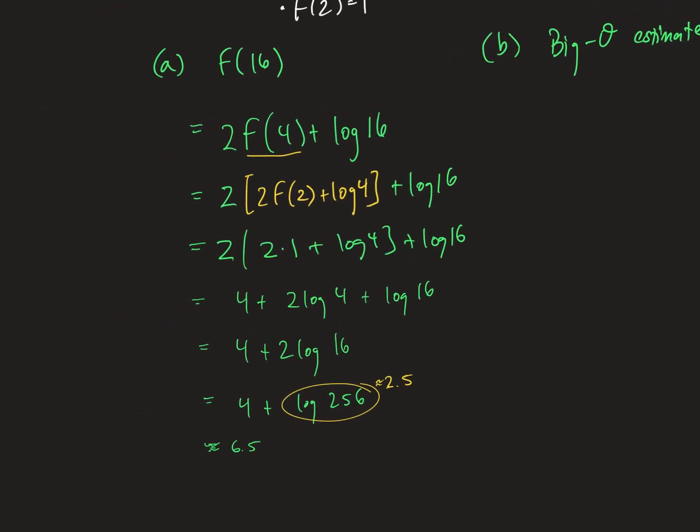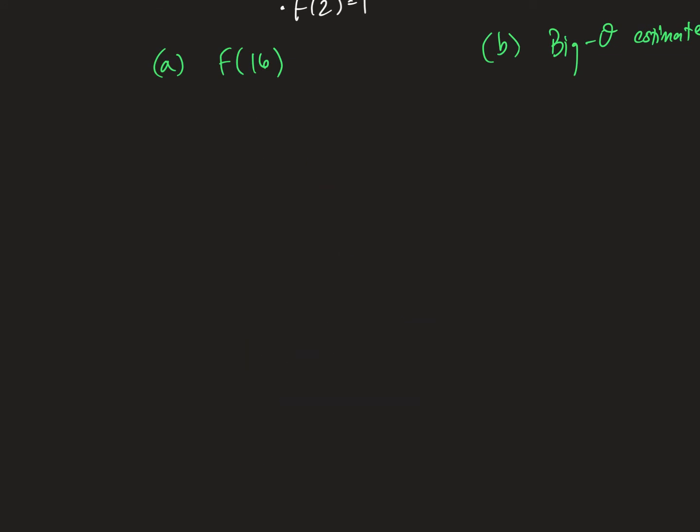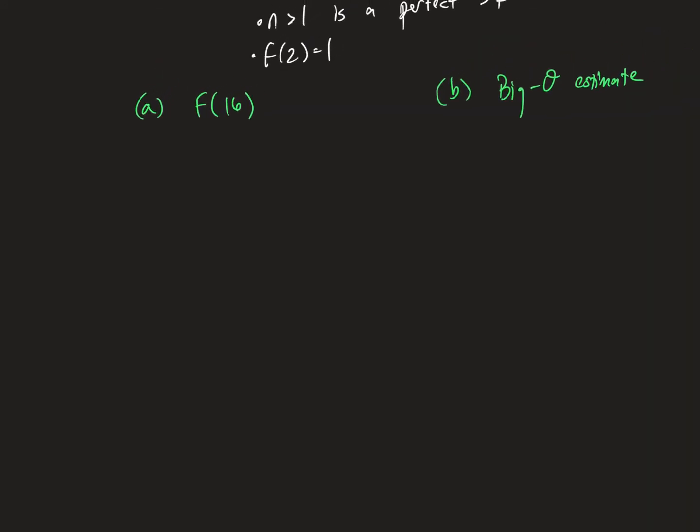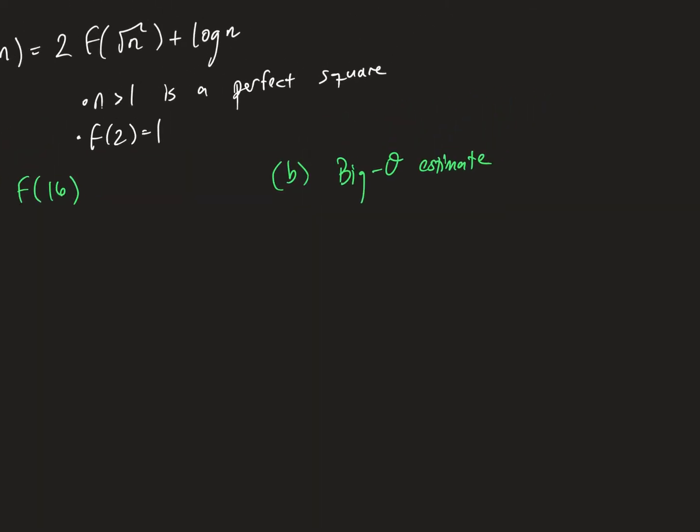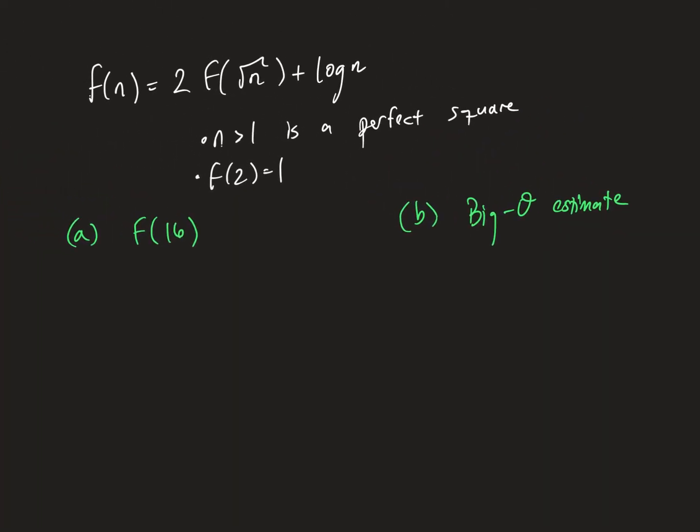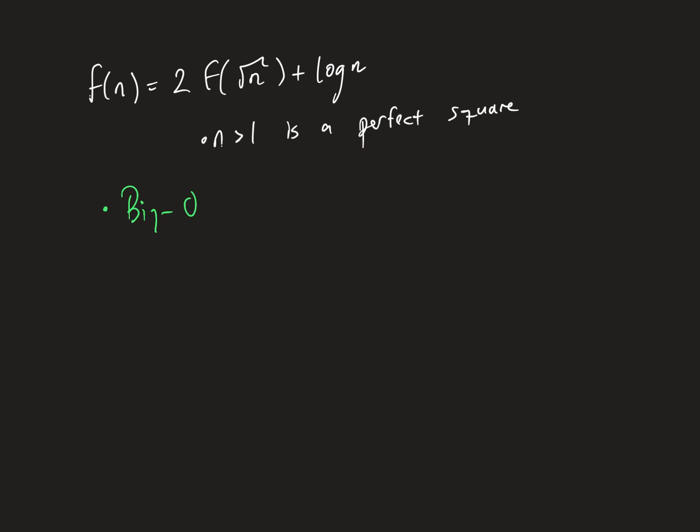So let me clear this out here. Yeah, let's find the big O estimate of this function. Okay, so we have a square root, which is a kind of unusual power. It's a fractional power.